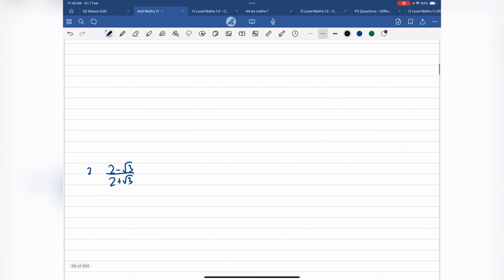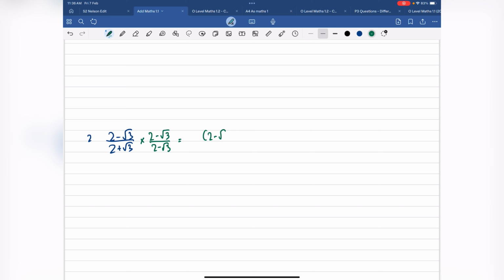So has the surd now been removed from the denominator, boss? Let's do one more example. So 2 minus under root 3 divided by 2 plus under root 3. So I'm going to multiply this by what? 2 minus under root 3 upon 2 minus under root 3. So your numerator will become something like this and your denominator will be this, right? Now how will I expand this? What is the identity for a minus b whole squared? a squared minus 2ab plus b squared. So this will become 4 minus 4 under root 3 plus 3, divided by, can I write this like this? So guys, my answer will be this, 4 minus 3.